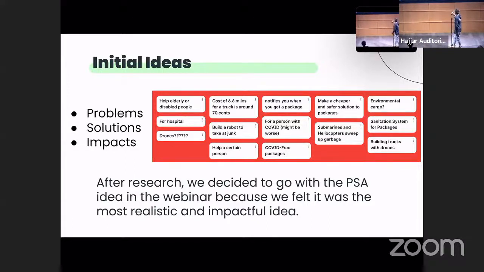Some were a bit too far-fetched, so we decided to go with a PSA idea, which is a public service announcement. Out of all of these, we thought it was the most realistic and impactful idea that we could finish in time for the competition. So those were our initial ideas.